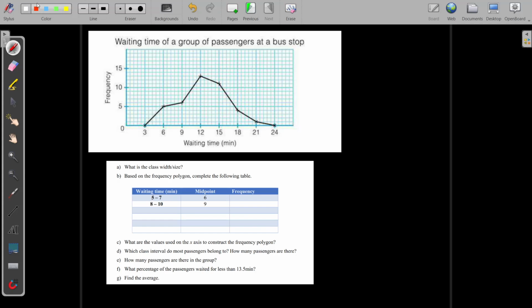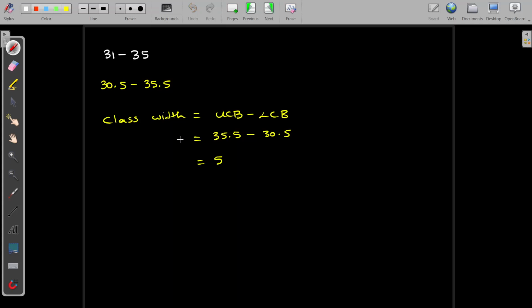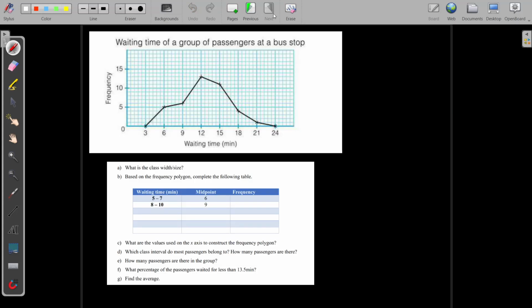All right, so this one says, what is the class size or class width? We just established the calculation for class width: upper class boundary minus lower class boundary. Remember that these are representing the midpoints.